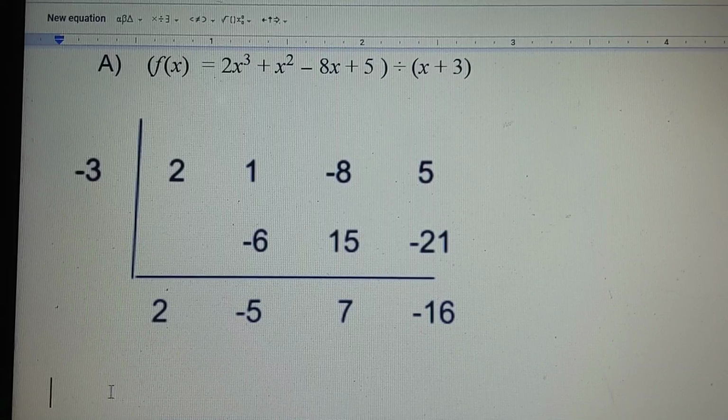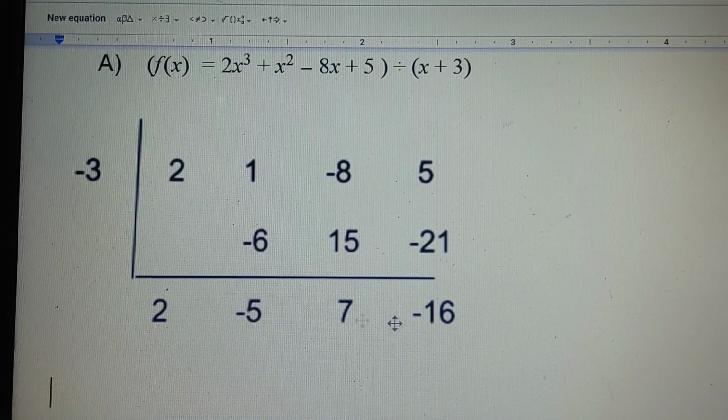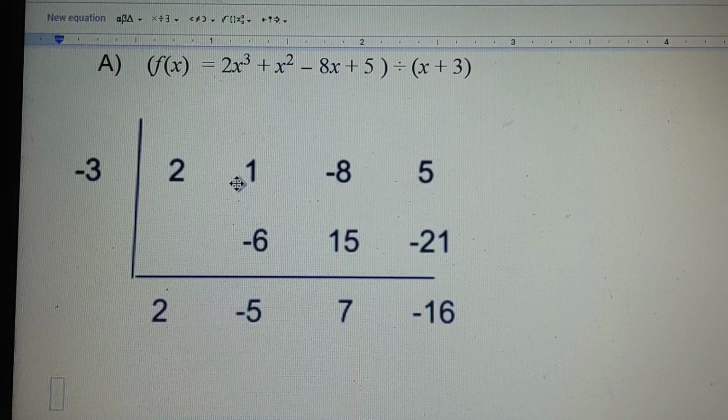And then right here, now I need to write down what this is as a polynomial, okay? So I'm going to go back up here to my insert. And this time I'm going to hit equation. All right, now I've got my 2. Now remember, -16 is the remainder, the constant, x squared.